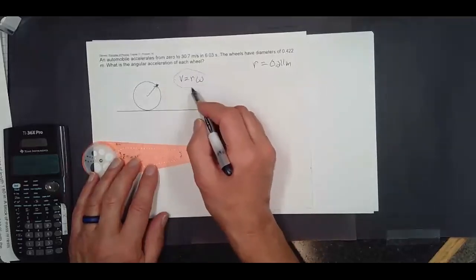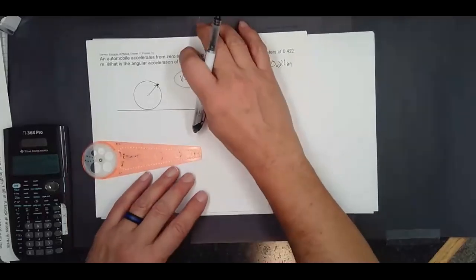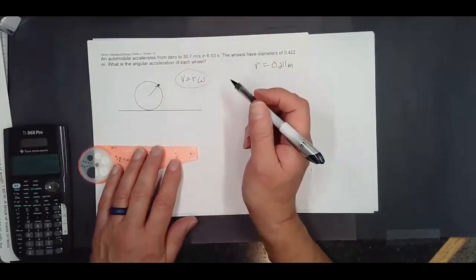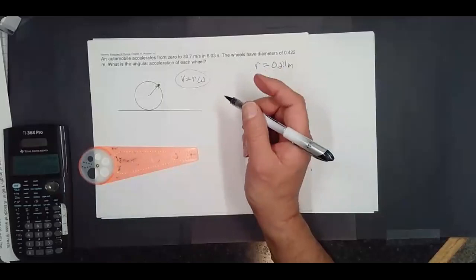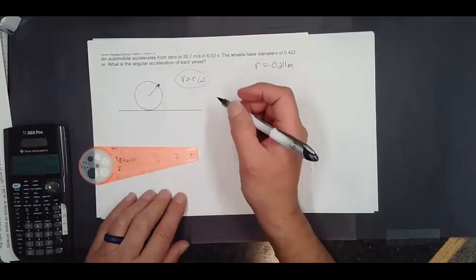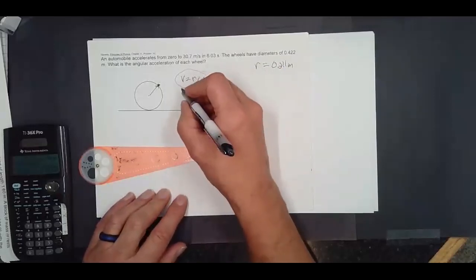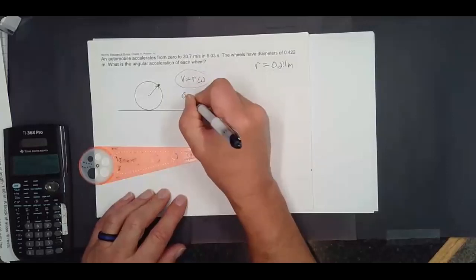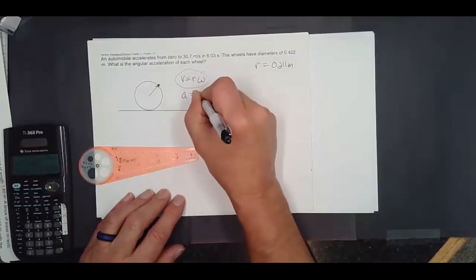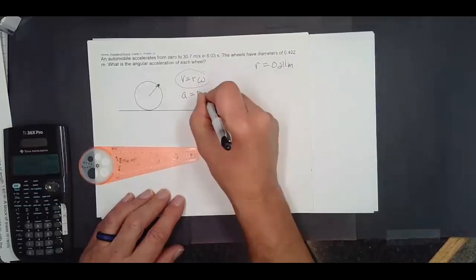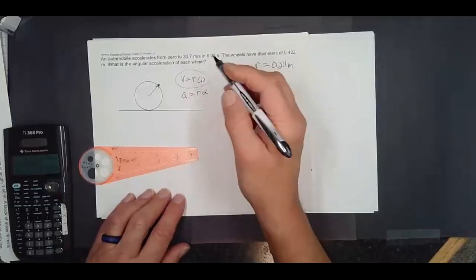So I can use this in two different ways here for when I have pure rolling like this. Oh, something we didn't do yet. Turns out the linear acceleration is equal to r times the angular acceleration as well.